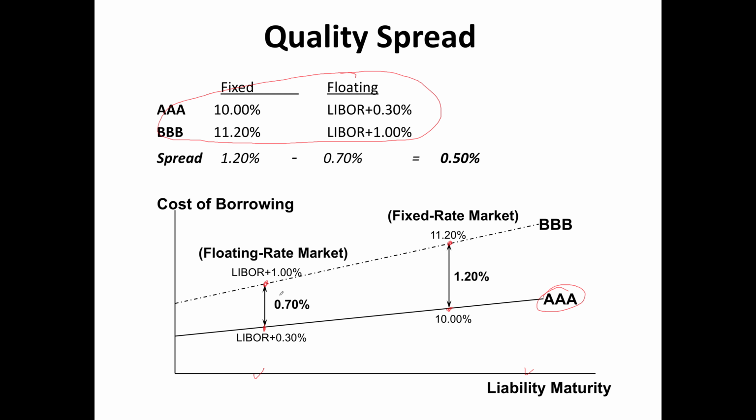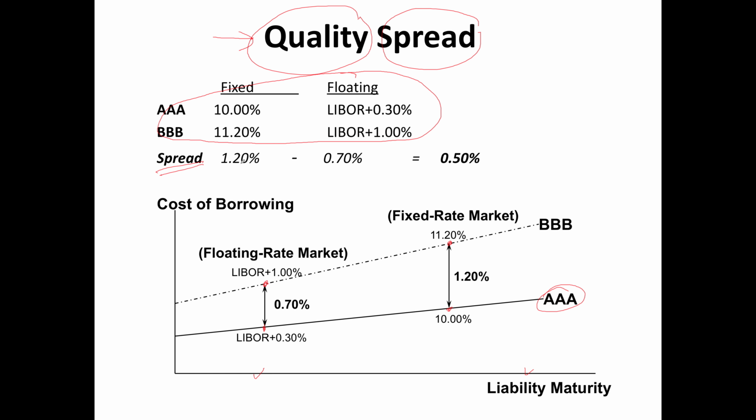Let's look at the differences. Those differences we call the quality spread. Spread is the difference. You have those spreads due to the quality of their assets, or credit worthiness. Now pay attention: the spreads are not the same.